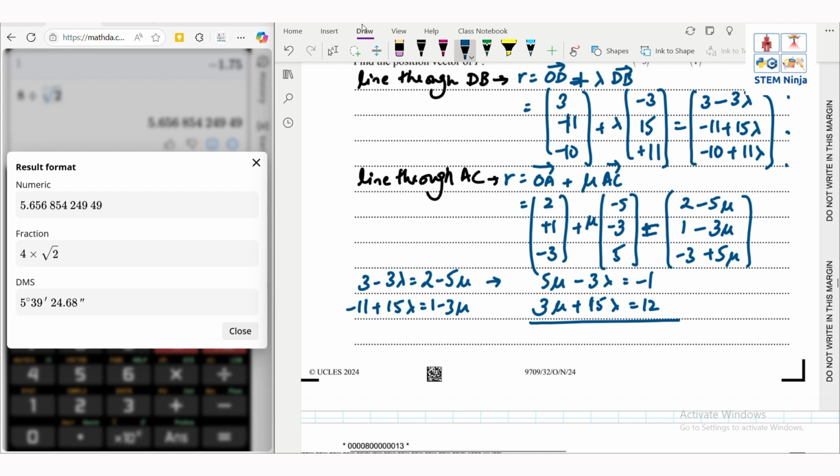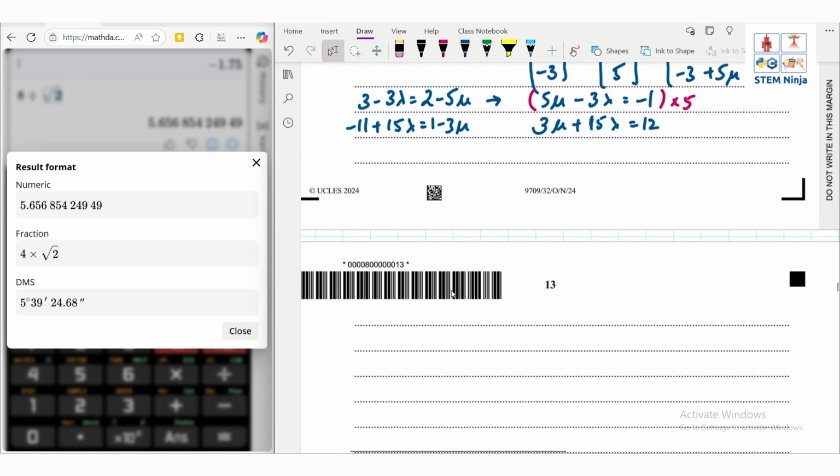To solve this, we would need to multiply the first equation by 5. So we would have 25 mu minus 15 lambda equals minus 5, and 3 mu plus 15 lambda is equal to 12.